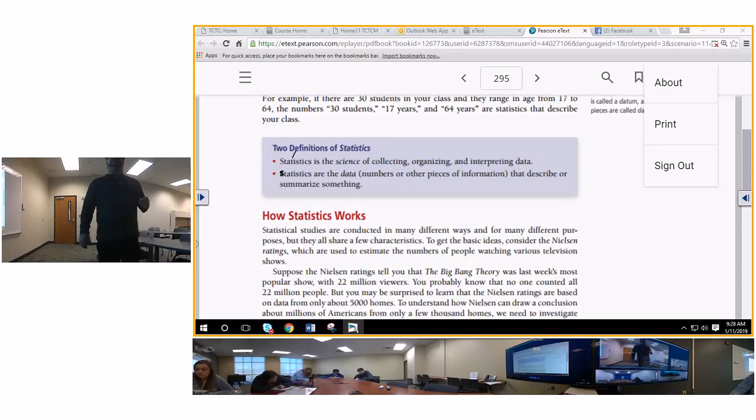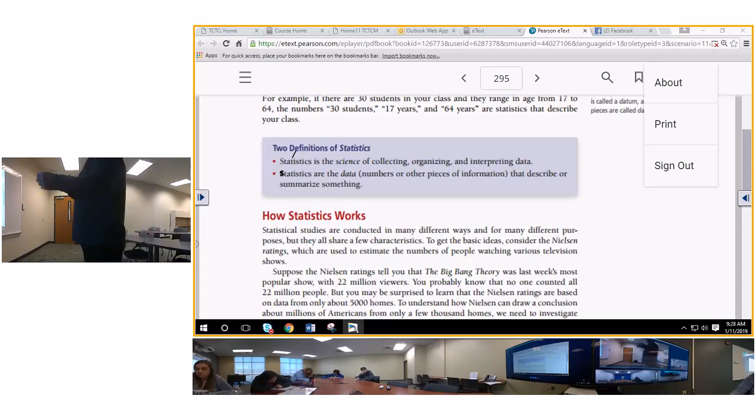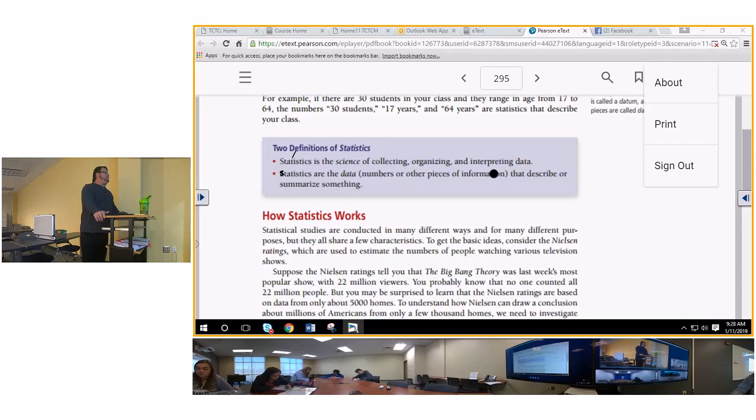Lowercase statistics is the variables that are used. You can say that if you want to. The variables that are used, letters in formulas, that are usually letters of the alphabet. So I'll put an example here for you.